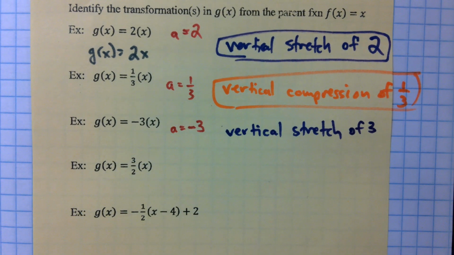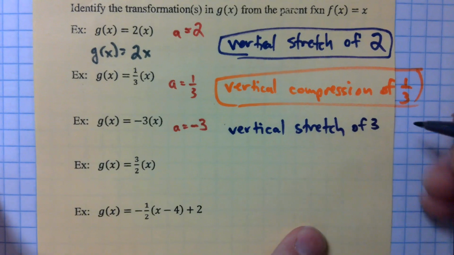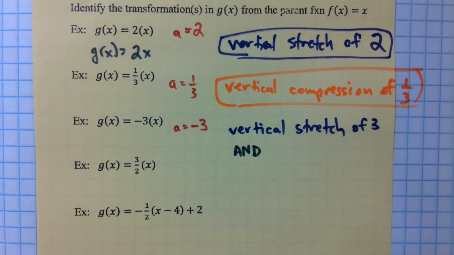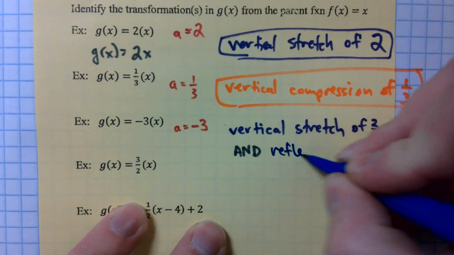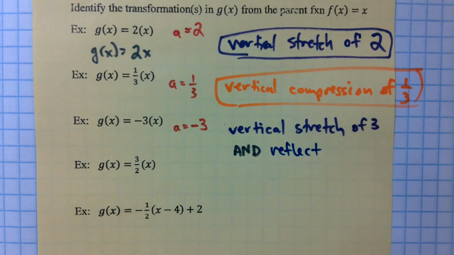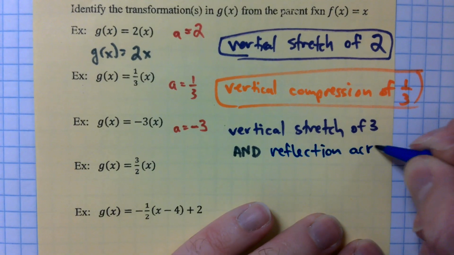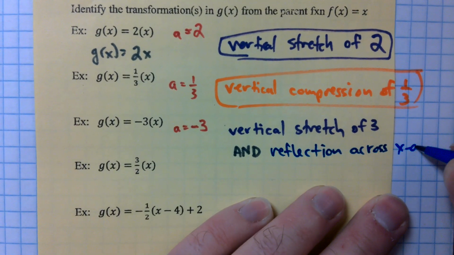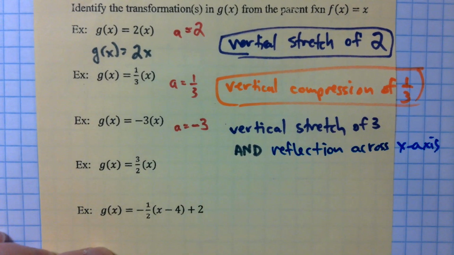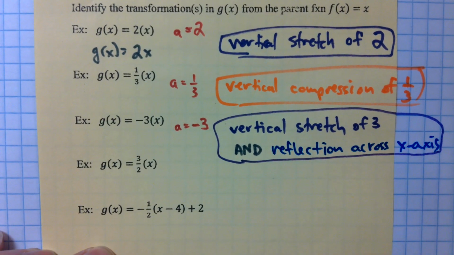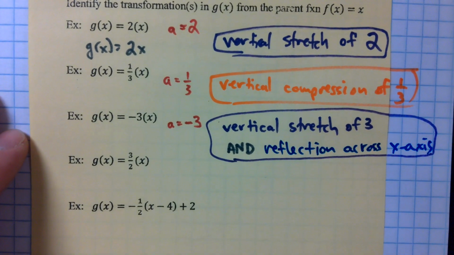However, that's not all I'm doing here. I'm also reflecting. Vertical stretch of 3 and reflection across the x-axis. So I'm not always just going to be doing one transformation.